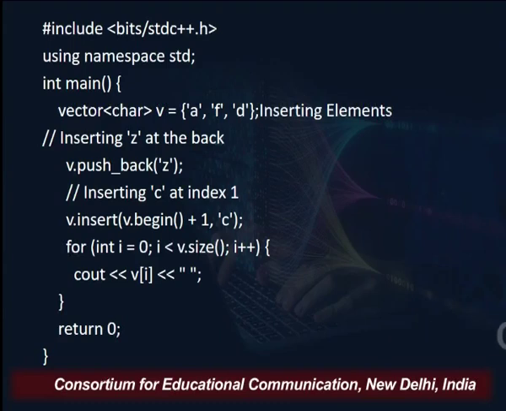So, to insert an element, we can use push_back if it is to be done at the end, and if it is to be done at any other position, we use the specific position inside the v.insert function.